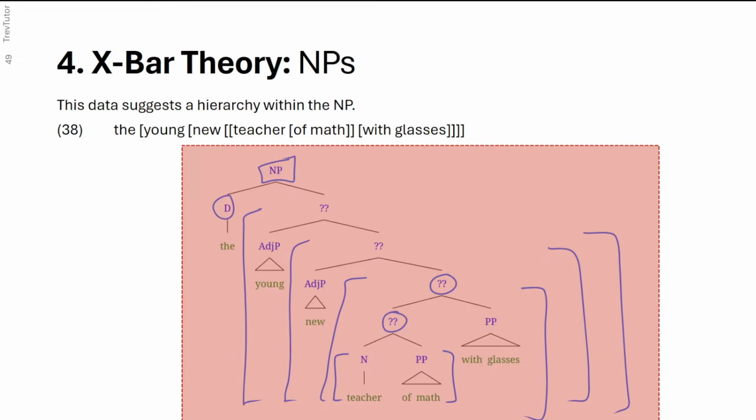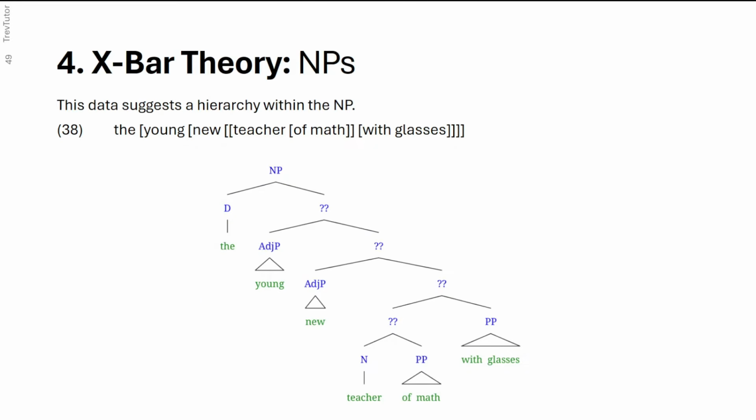So the question is, all of these question marks, we're going to consider these bar levels. We're going to consider these the projection of N. So teacher of math is still an incomplete noun phrase, but the head is still a noun. We're still describing a teacher. Teacher of math with glasses, same thing. It's still going to be a noun searching for a determiner to become a complete noun phrase, but the main focus of this phrase, teacher of math with glasses, we're still talking about a teacher.